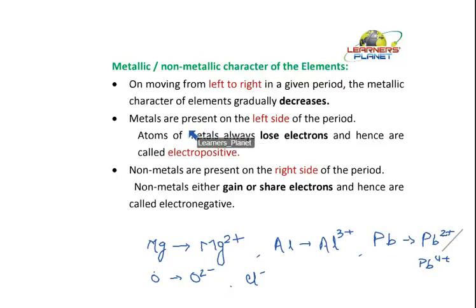The metals are present on the left hand side of the period, that is, atoms of metals always lose electrons and hence are electropositive. And non-metals are present on the right side of the period, that is, non-metals either gain or share electrons and hence are electronegative. Now let's see, why is it so?